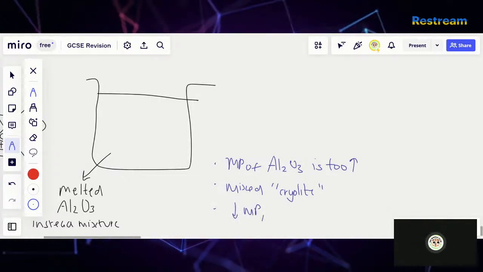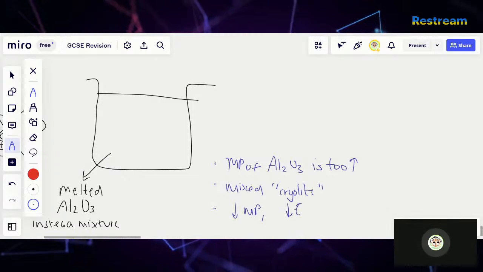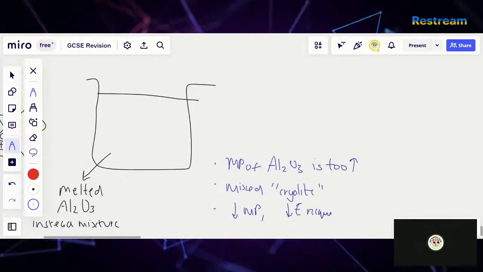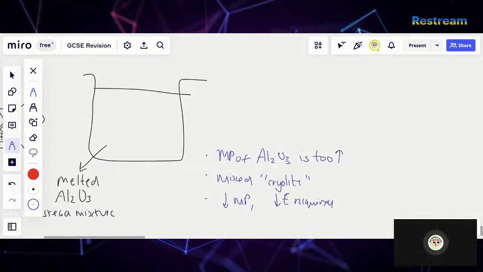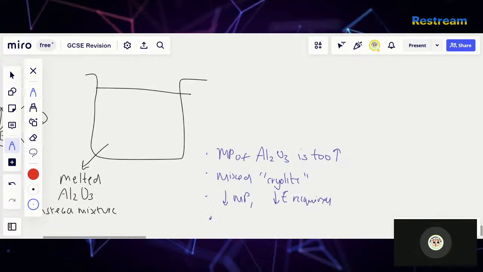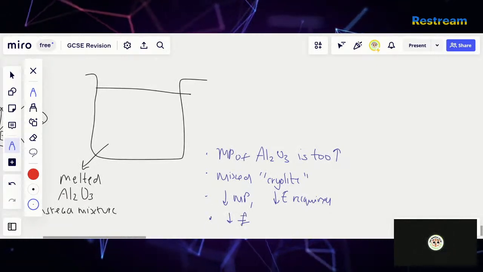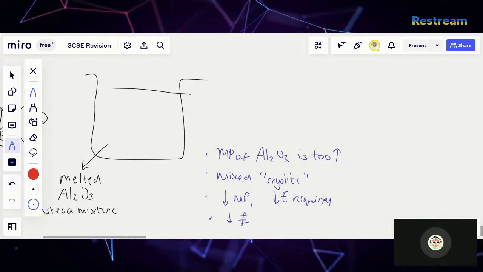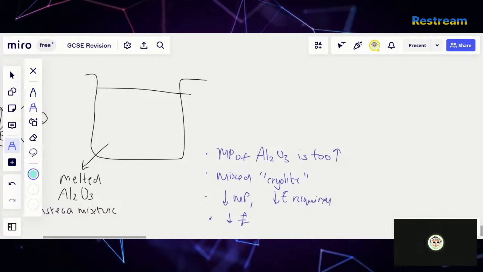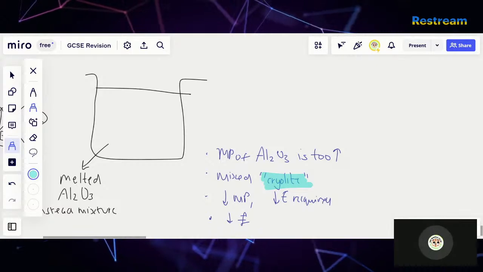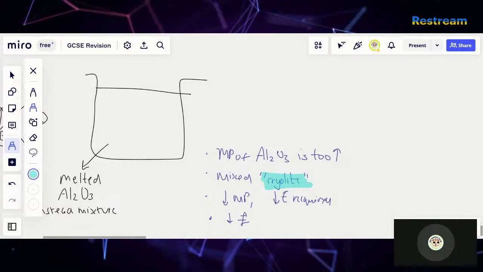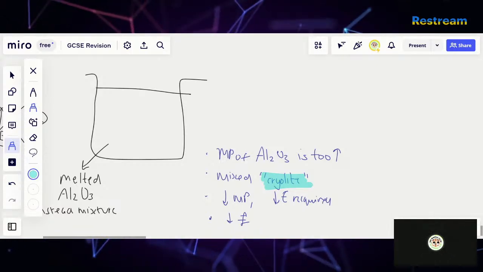And because it reduces the melting point, it reduces the amount of energy required to heat up the solution and separate them. And therefore, if you're reducing the amount of energy required, you're reducing the costs and things like that. So in this case, cryolite works like a catalyst because it reduces the amount of energy required so that the reaction can take place much more quickly.